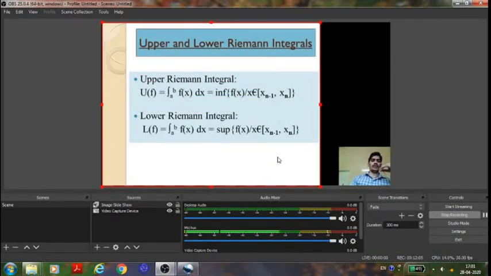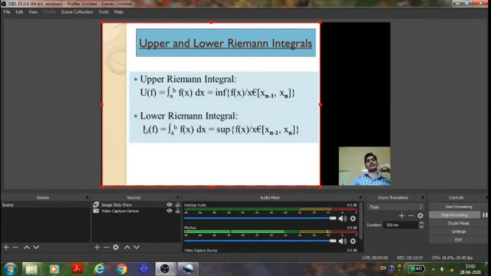Now I will define what I mean by upper and lower Riemann integrals. The upper Riemann integral is denoted by U(f), the integral from a to b with a bar, and is the infimum of the upper sums, where x belongs to [x_{n-1}, x_n].